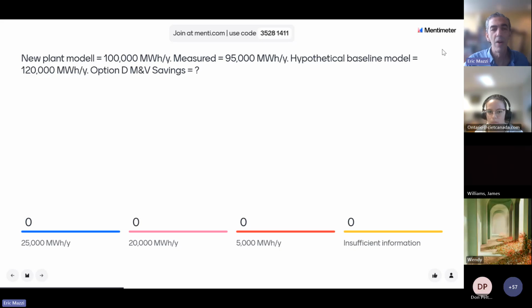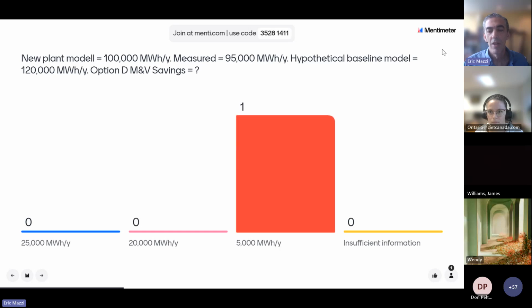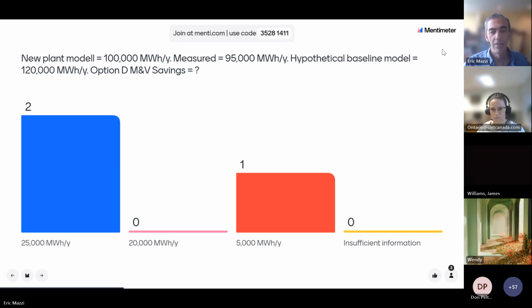You have a new plant model that predicts 100,000 megawatt hours per year consumption. It's electricity, but it could be any energy. What is measured is 95,000 megawatt hours per year. Your hypothetical baseline model of the inefficient plant that was never built predicts 120,000 megawatt hours per year. So what would be your Option D M&V savings?